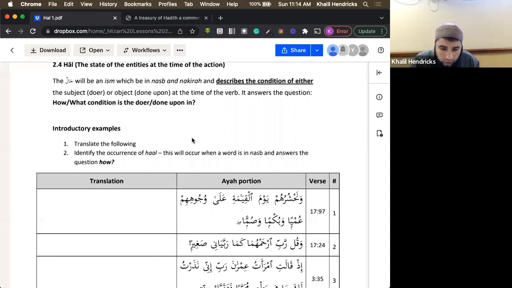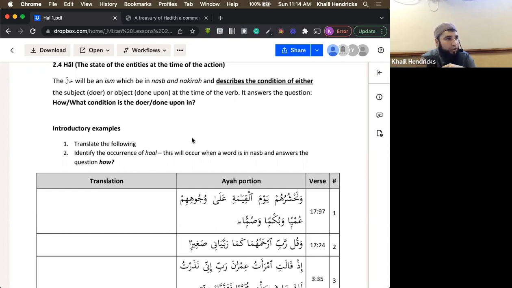Let's look at the examples. If you want to have a simple question, like for the maf'ulun bihi, we had a simple question that we can ask ourselves. If something answers this question, then it's a maf'ulun bihi. We said, who was the action done to? Or what was the action done to?